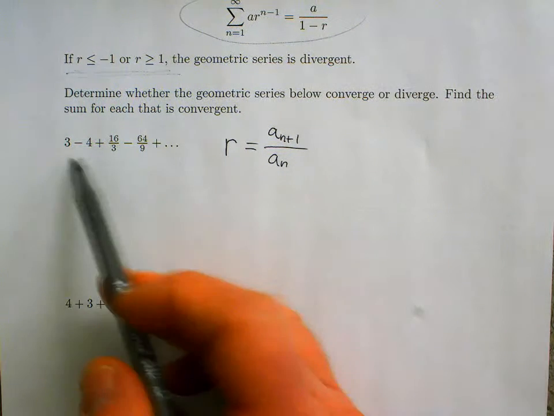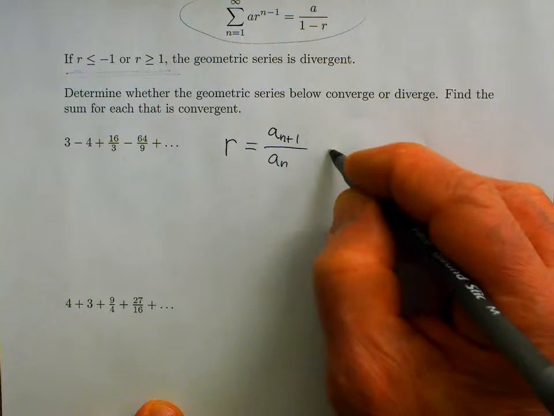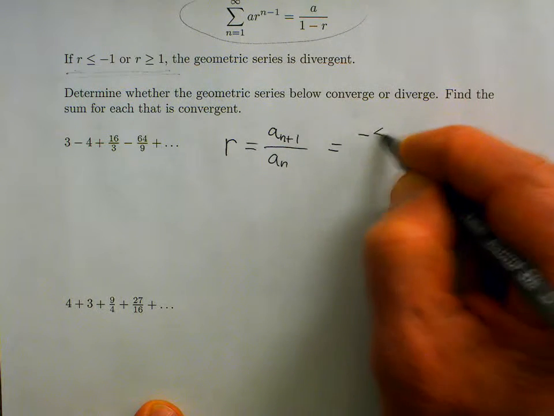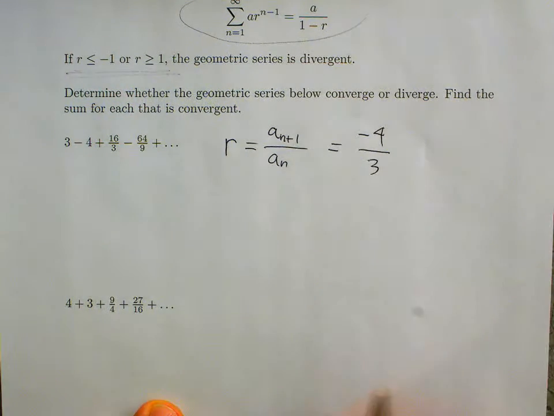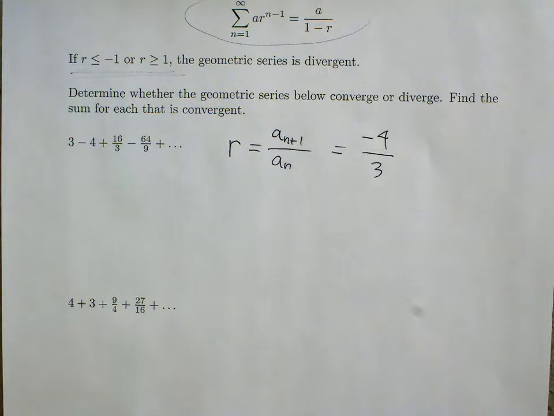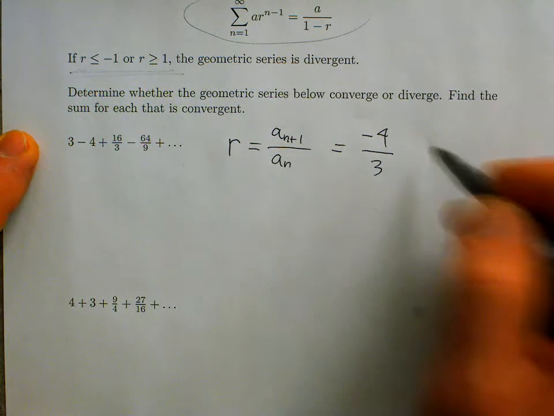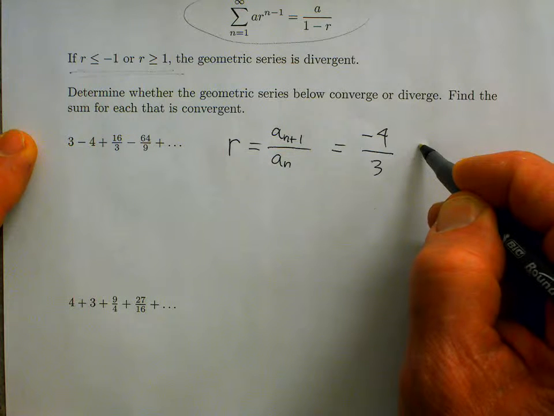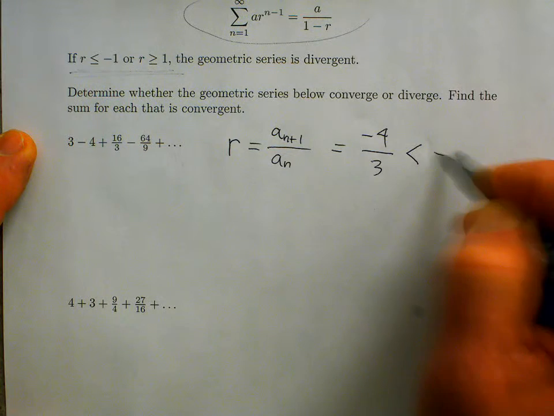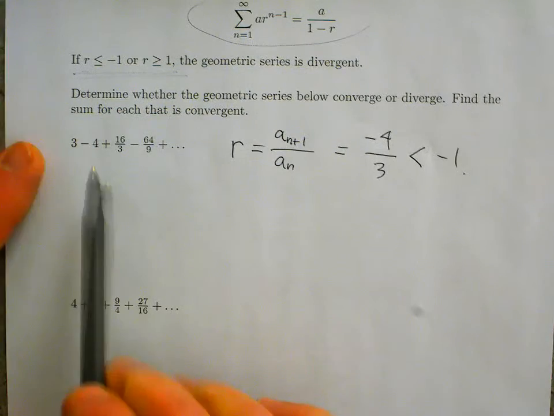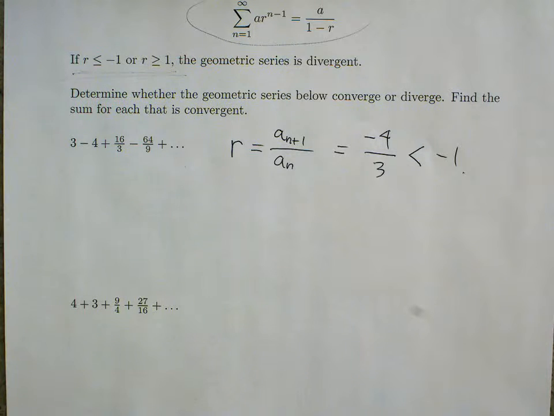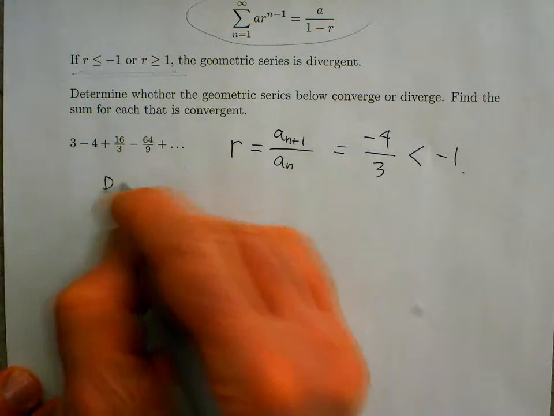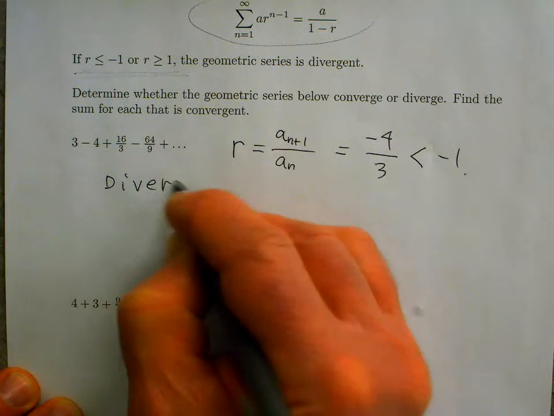So we can just use the first two terms. So in this case, negative 4 divided by 3. Well, that's less than negative 1. So what do we conclude about that geometric series? It diverges. So we're done with that one.